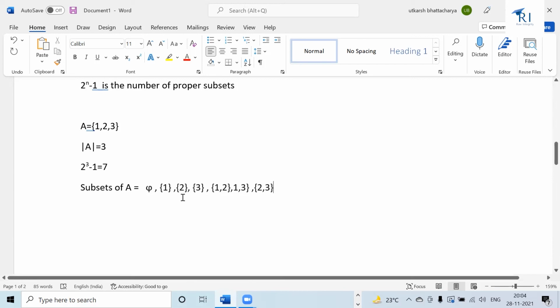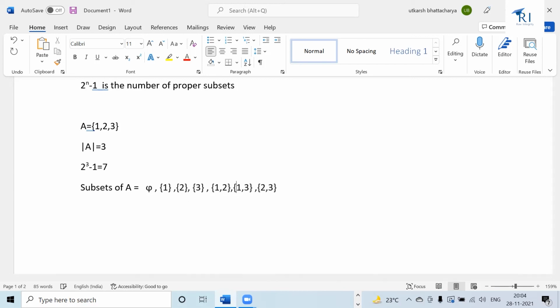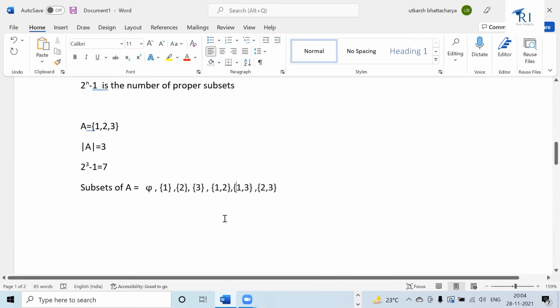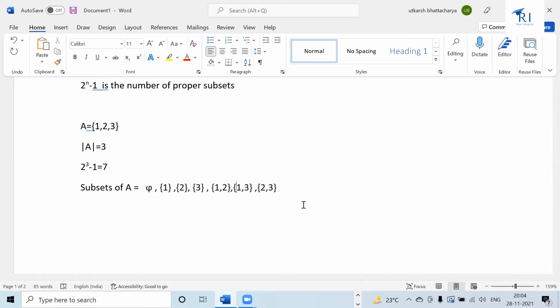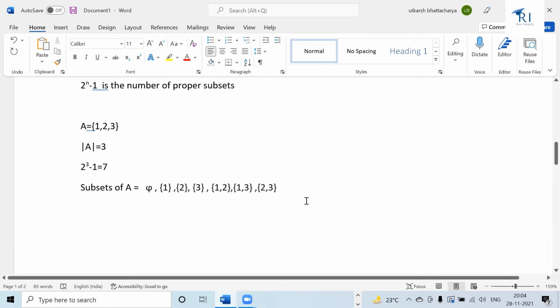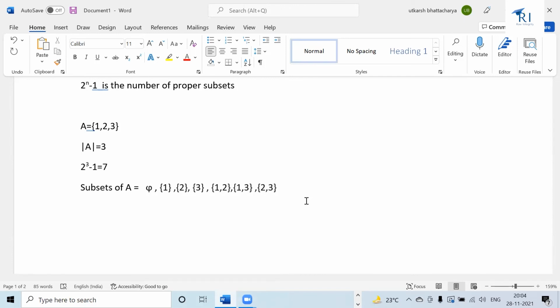Okay. So now can anyone count the number of subsets we have written here? Yes, 7. It's 7. One question, can anyone add any more subset here? Is it possible to add any more proper subset here?